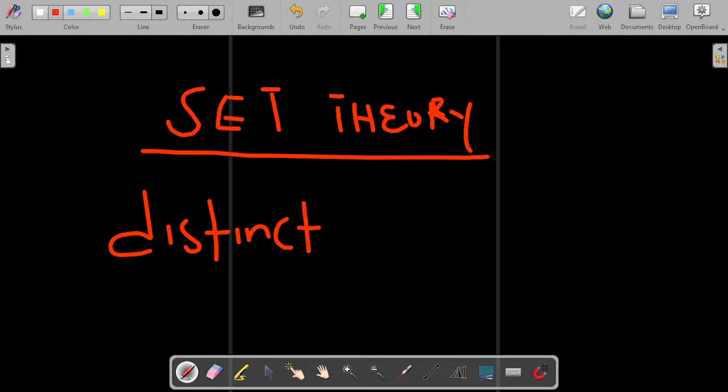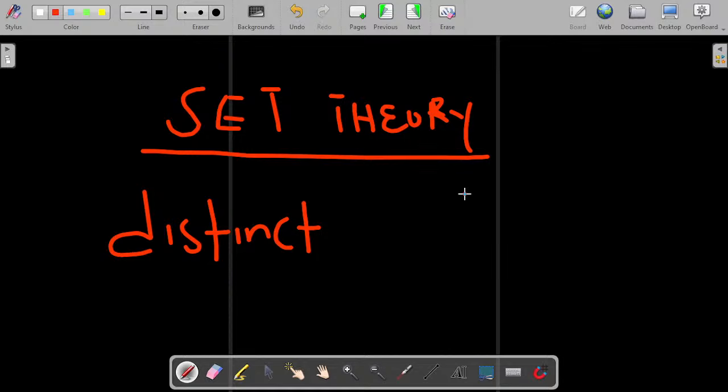That's what I mean by distinct. Please write it down: in a set, repeated once, without duplication or repetition. That's what I mean by distinct.